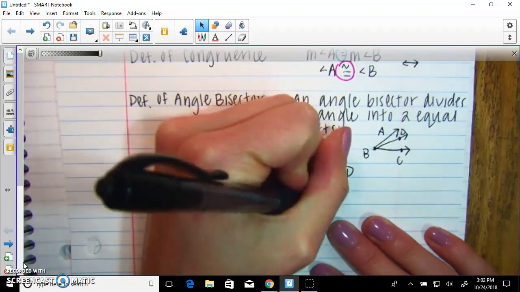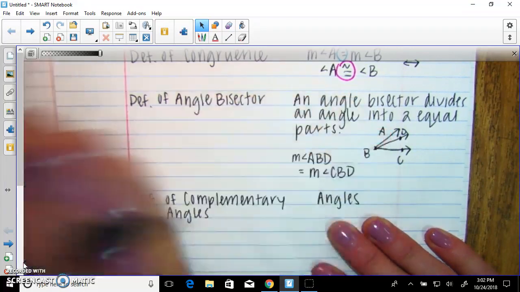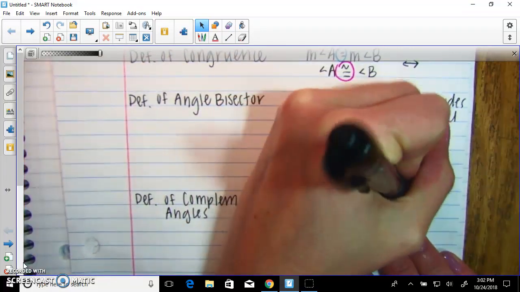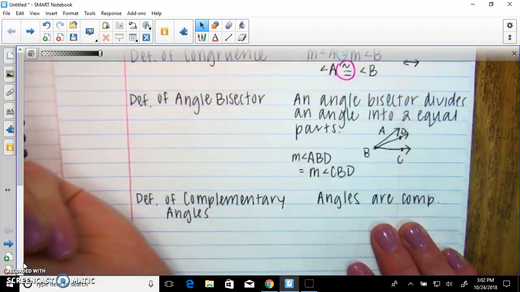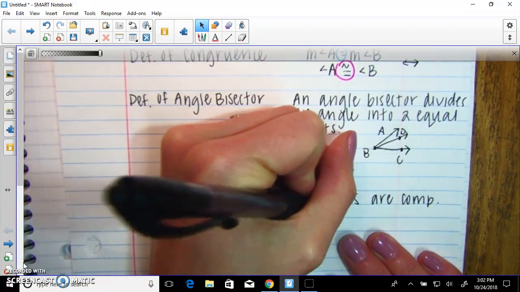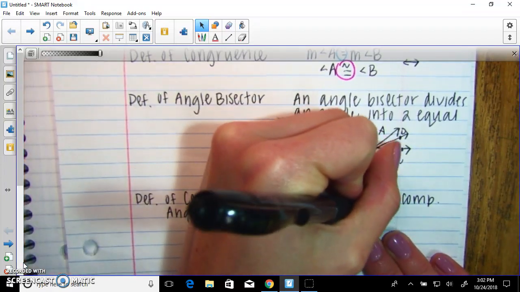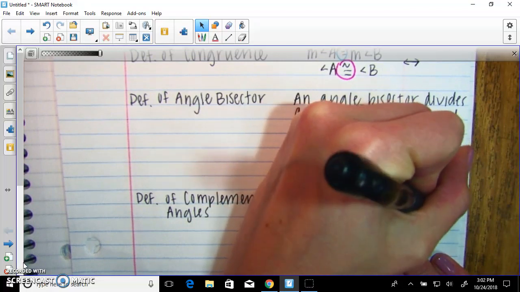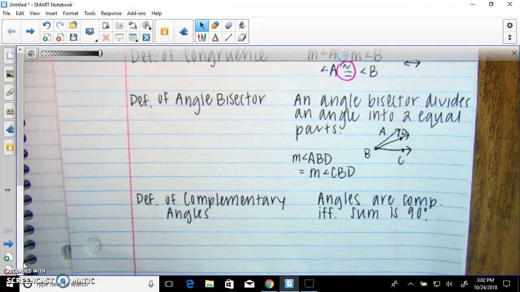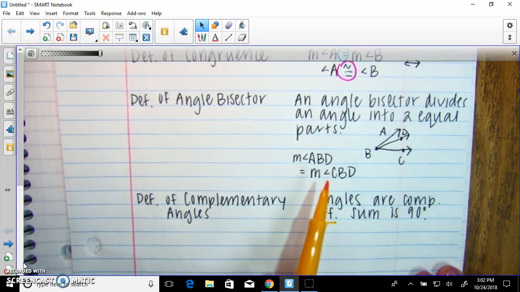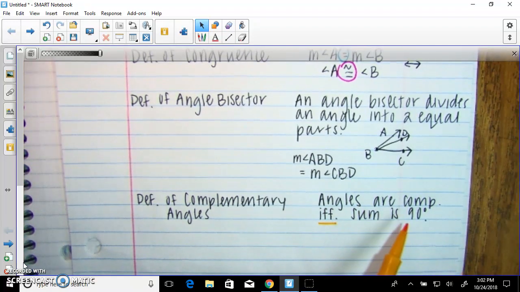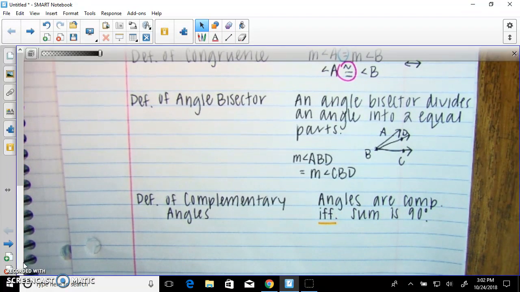So angles are complementary if and only if their sum is 90 degrees. So keep in mind this is an if and only if statement, so we could say it both ways. We can say if two angles are complementary, then they add to 90, or we could say if two angles add to 90, then they are complementary. That's the definition of complementary angles.